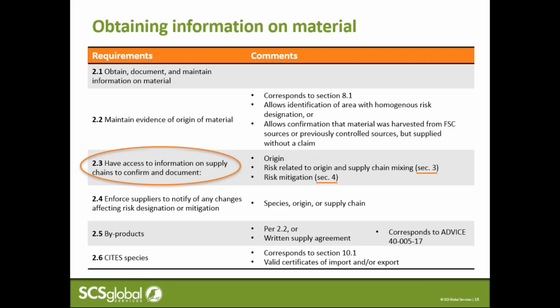Okay, again, let me just point out that several of these requirements you are already familiar with, as they correspond to existing requirements in version 2.1 of the Controlled Wood Standard. For example, maintaining evidence of the origin of material corresponds to section 8.1 of the old standard.